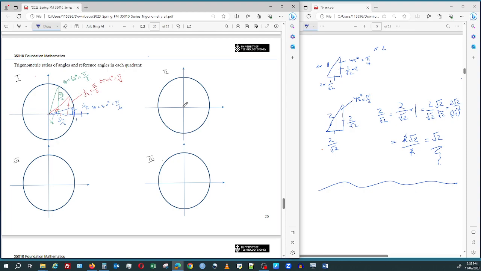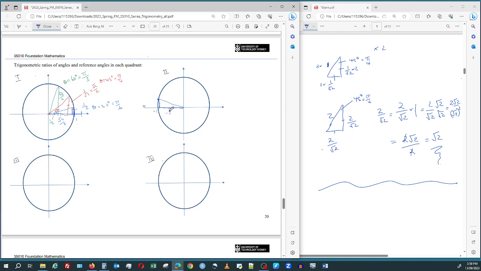What about quadrant 2? We have negative 1 half, and root 3 on 2. How many counts around is that? What's that length?